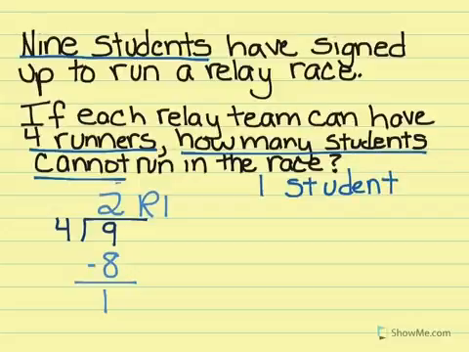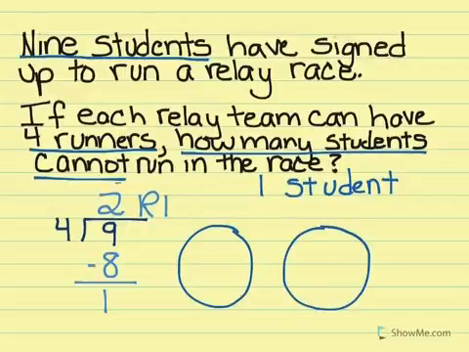So we could think of it like this. My circle is a relay team. I can have 4 runners on a team. So I have 9 students to divide up. So I could say 1, 2, 3, 4.